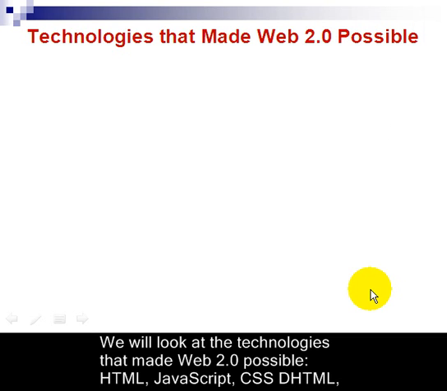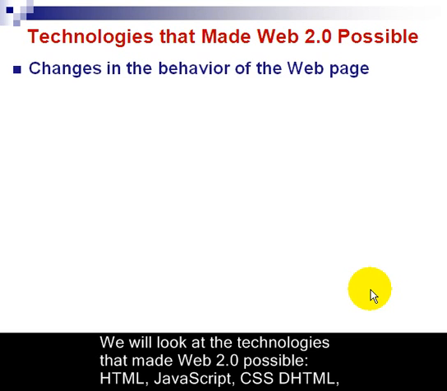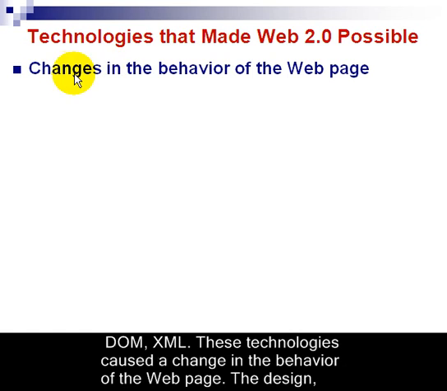In this class, we will look a little more closely at understanding some of the technologies that made Web 2.0 possible. The difference between Web 2.0 and 1.0 applications is primarily due to the changes in the behavior of the web page, how the web page responds to a user action.